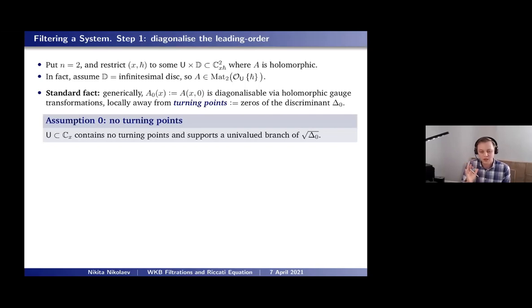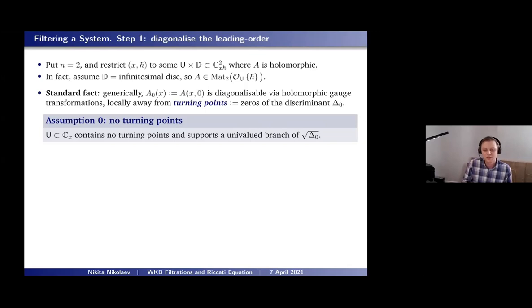So the zeroth, completely basic assumption about everything I'm going to say is that these open sets, these cells that I mentioned before, where the WKB filtrations are going to be defined, first and foremost shouldn't contain any turning points.